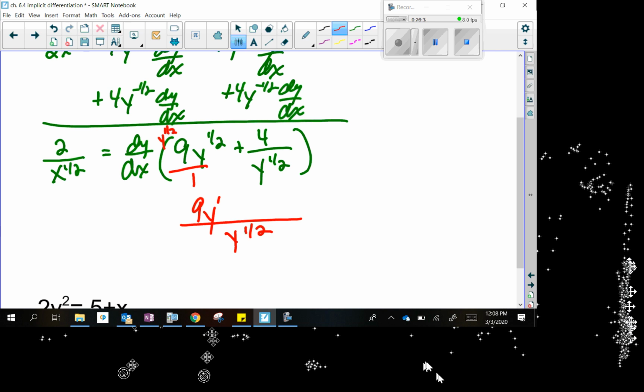Again, we're basically multiplying y to the 1/2 top and bottom, right, to make it be this fraction. And y to the 1/2 times y to the 1/2, you add exponents, you get y to the 1. What do I put over here? Plus 4, y. Let's see. Exactly. It already has that denominator. You will have to do this a lot, so make sure you get it. Okay.